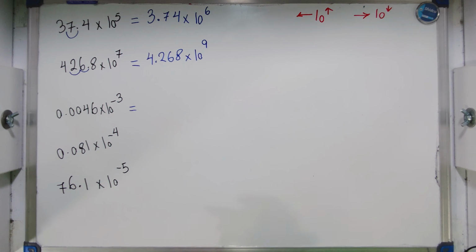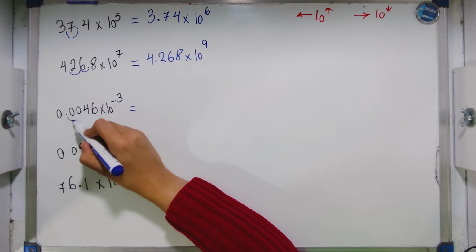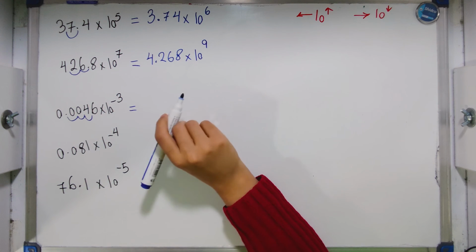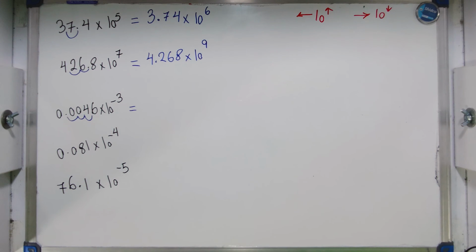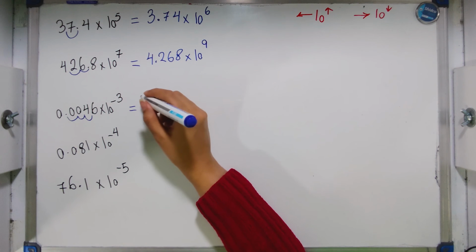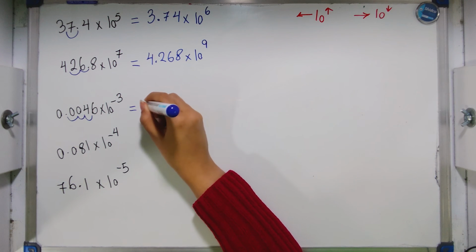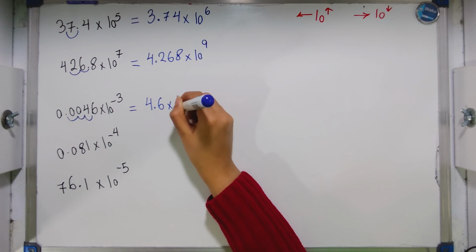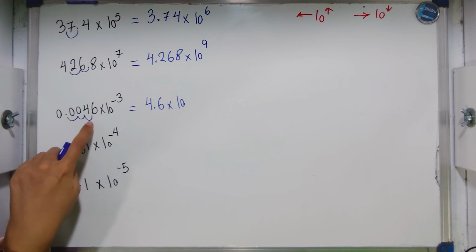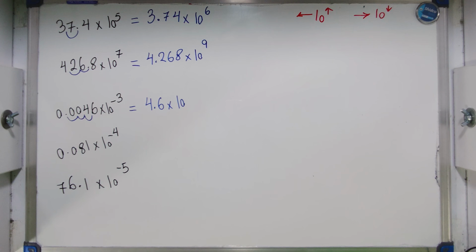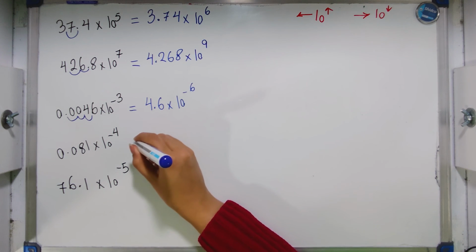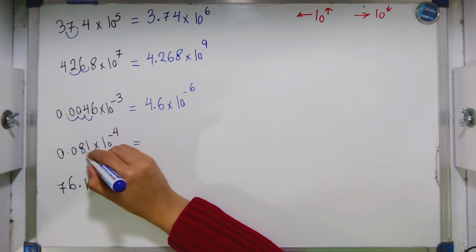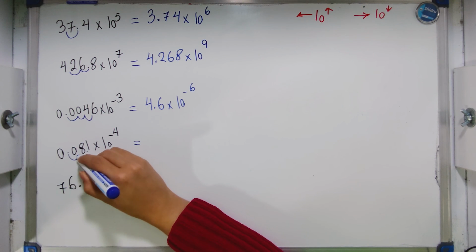Here, I have to move the decimal between 4 and 6. 1, 2, 3. Because it is moving toward the right, I have to decrease the power of 10. So it will be 4.6 times 10 power, 1, 2, 3 digits. It has moved by 3 units, so it will be 10 power minus 6. Here, I have to put the decimal between 8 and 1, so 1, 2.